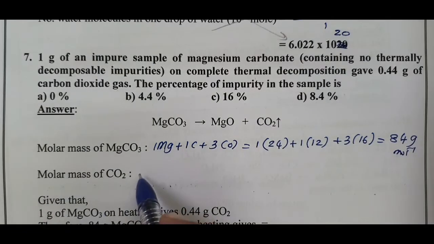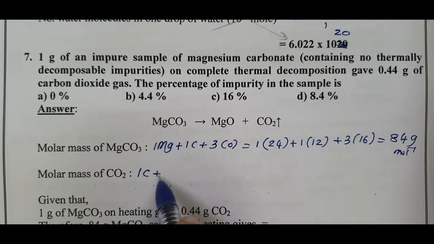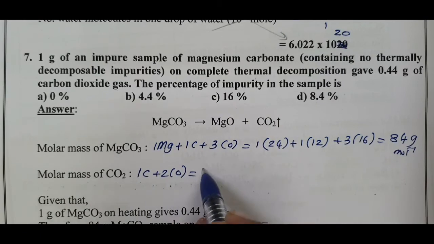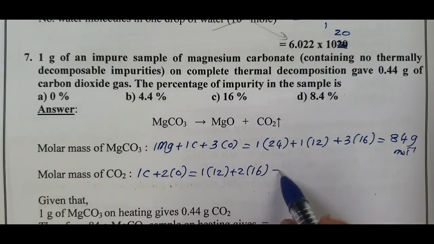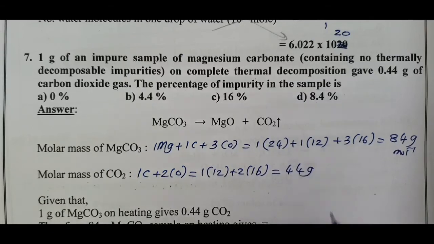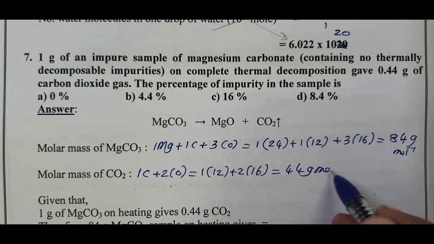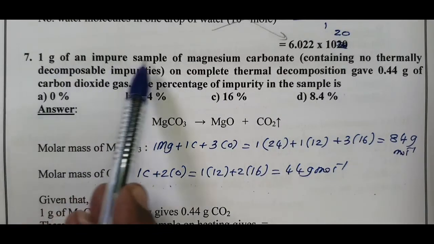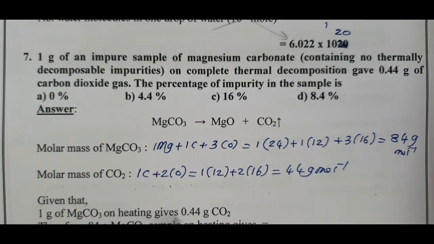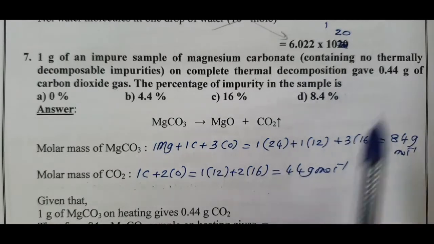Molar mass of carbon dioxide contains 1 carbon and 2 oxygen, equal to 1 × 12 plus 2 × 16, that is 44 gram per mole. In our question, 1 gram of magnesium carbonate on heating gives 0.44 gram of carbon dioxide.